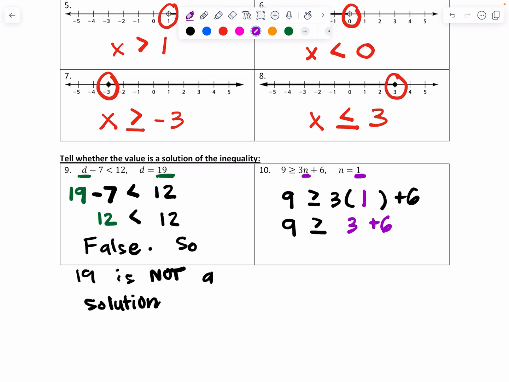When I add 6 to it, 3 plus 6 is 9. So, is 9 greater than or equal to 9? Yes, it is. That's true. 9 is equal to 9. It could be greater than or equal to 9. It's equal to it. So that means 1 is a solution to this inequality.